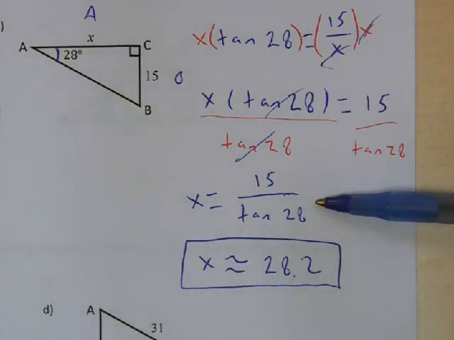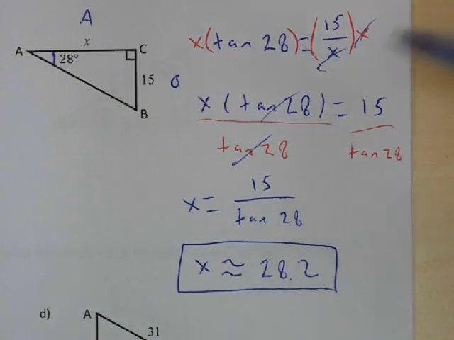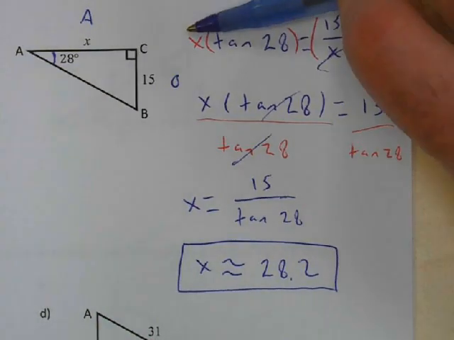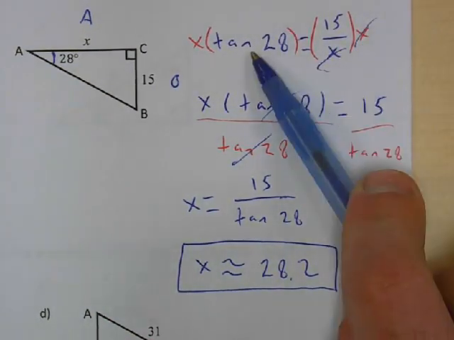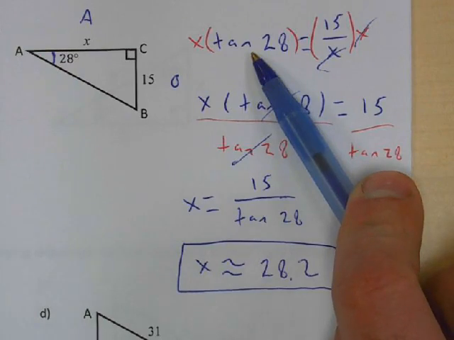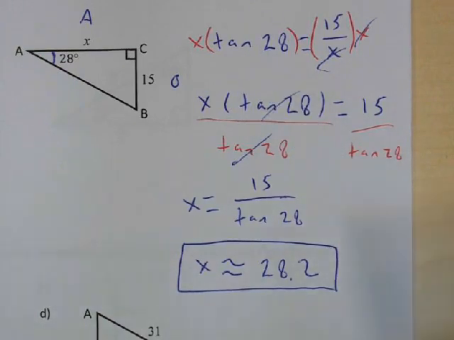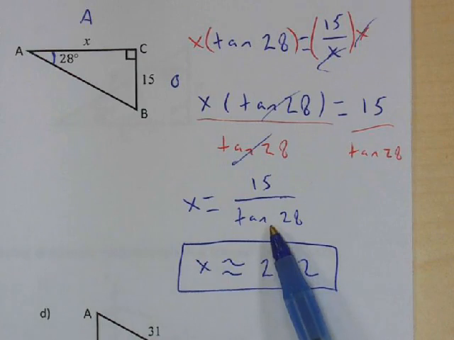Now, kind of the shortcut I was going to talk about earlier. Whenever you have your x in the denominator of your fraction, what ends up happening? Well, you multiply by x to bring the x up here, and then you divide by this thing to put it down there. So basically the x and the trig function part here, they switch places. And that's what we ended up with, x equals 15 over the tangent of 28.